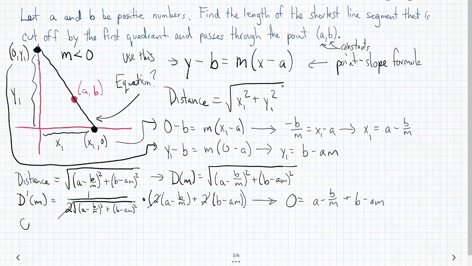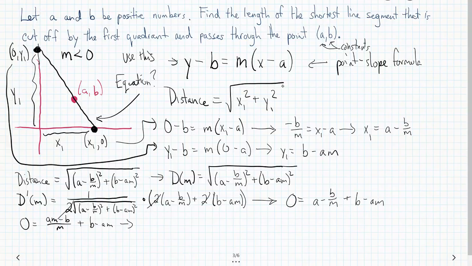So if we have 0 equals, we could write this as am minus b over m, right, plus b minus am. And moving forward from there, we can try and solve this a slightly different way.